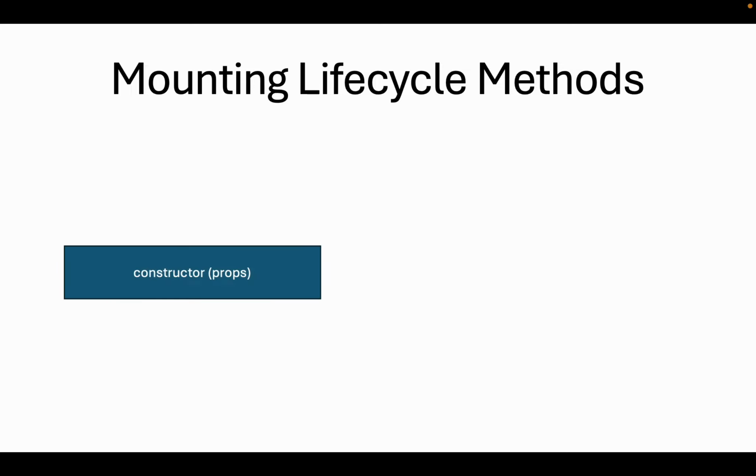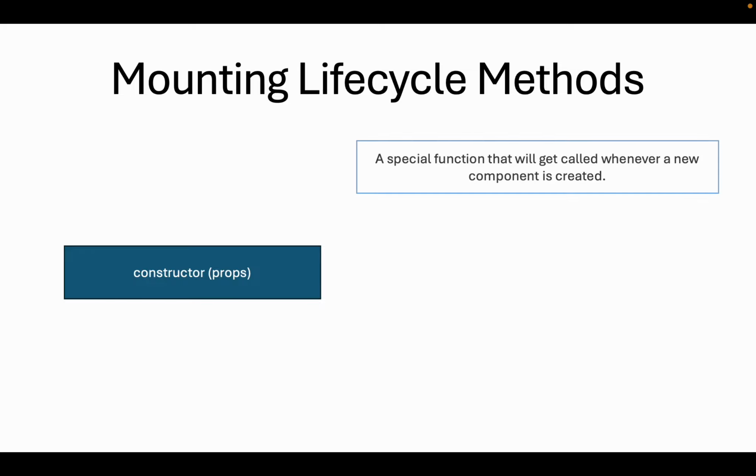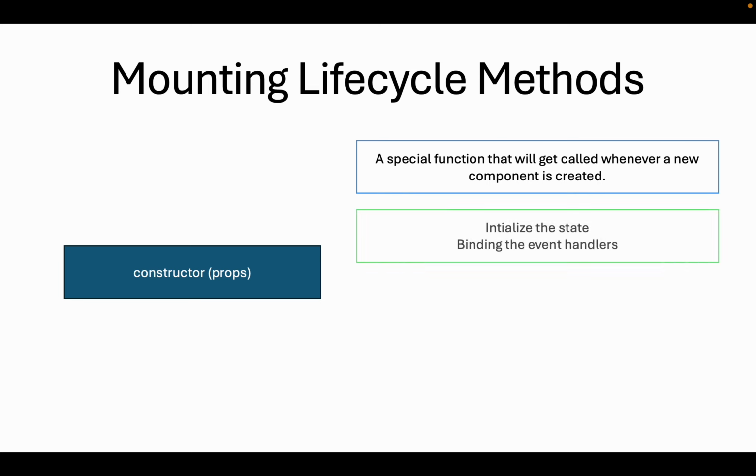First of all, we have a constructor available in each class. This is the first method that we can use to do our things. The constructor method is a special function that gets called when a new component is created. Whenever a new component is created, this method is called.